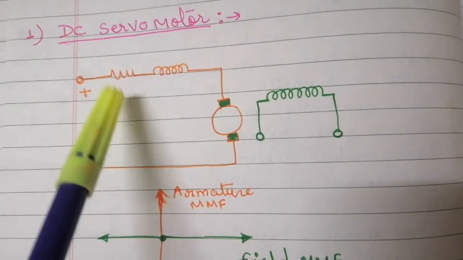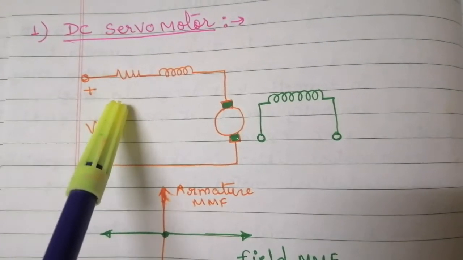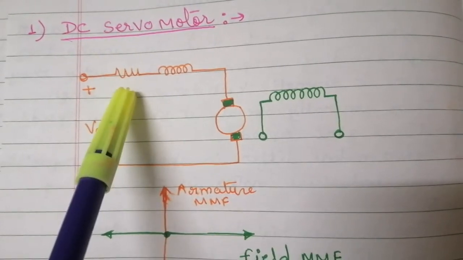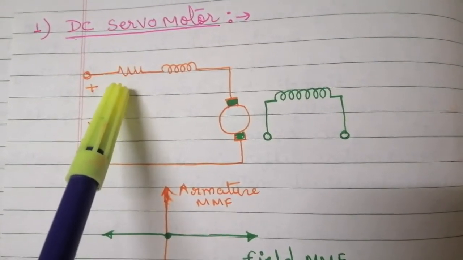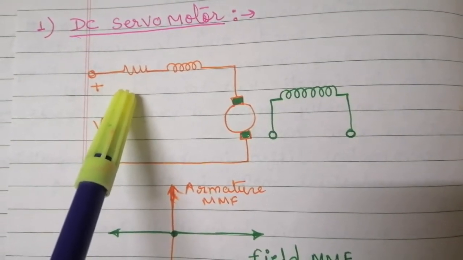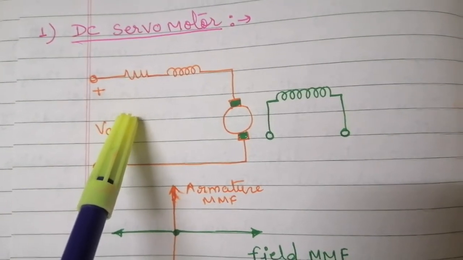What is the major difference between the DC motor and the DC servo motor? The DC servo motor's armature has a large resistance, so that the torque speed characteristics are linear and have a large negative slope.